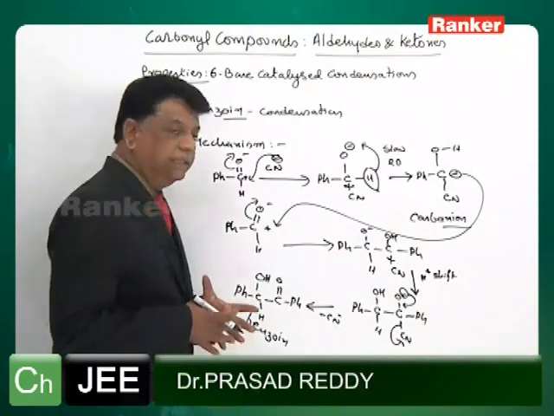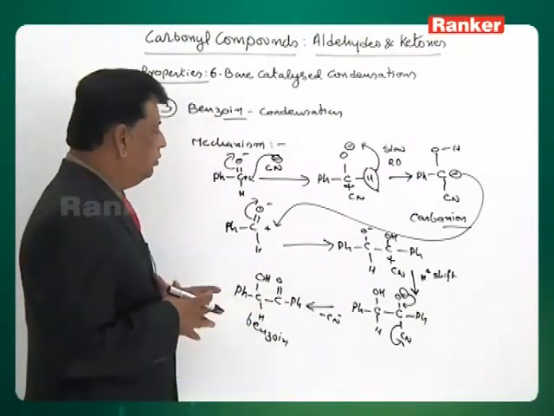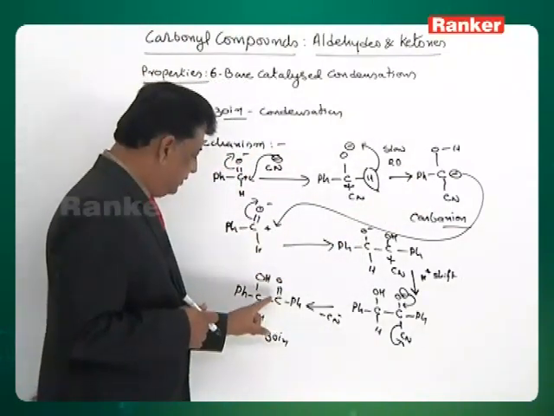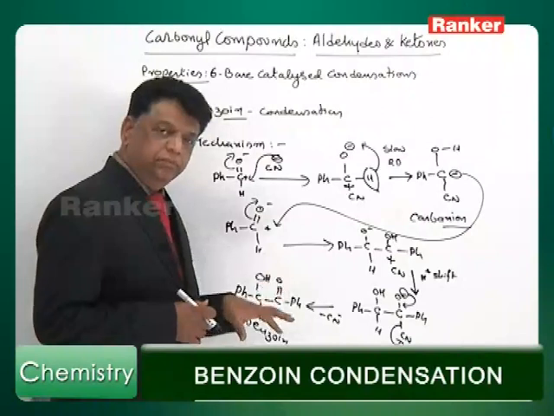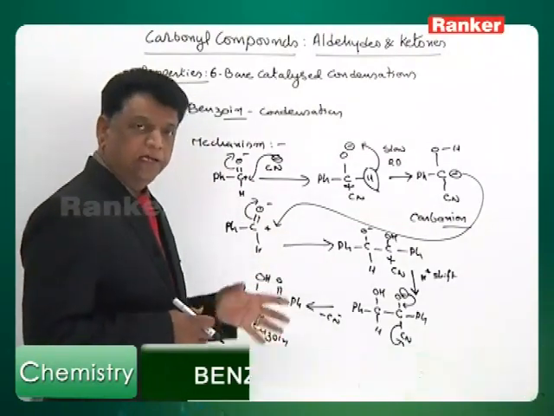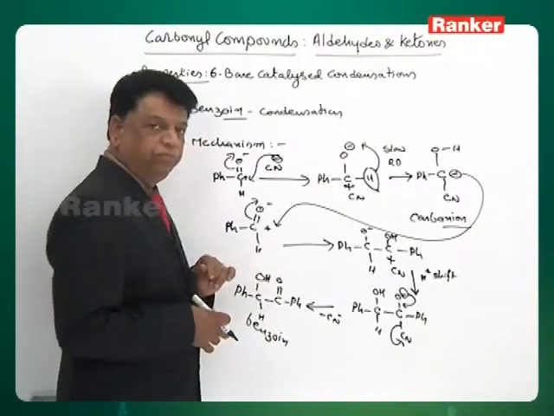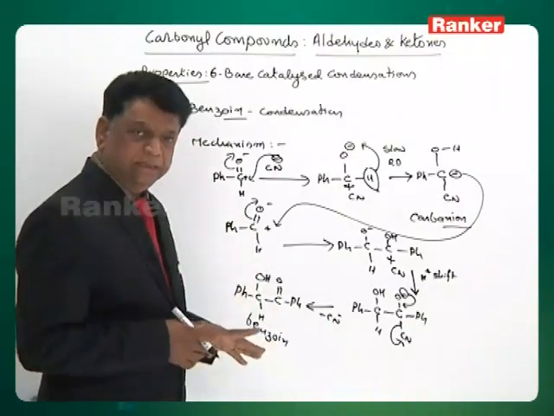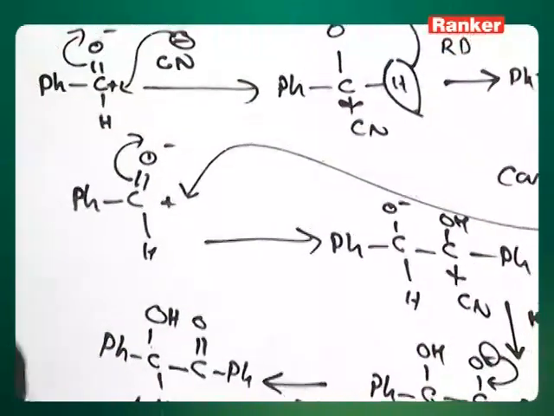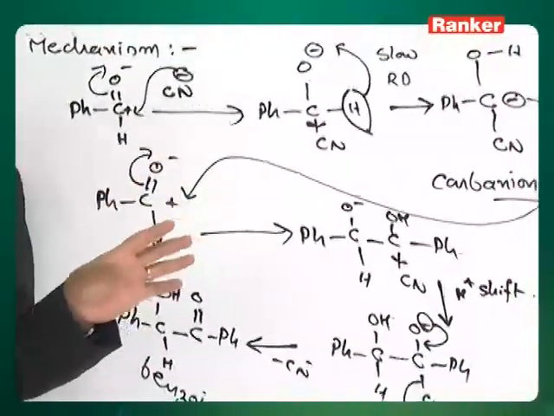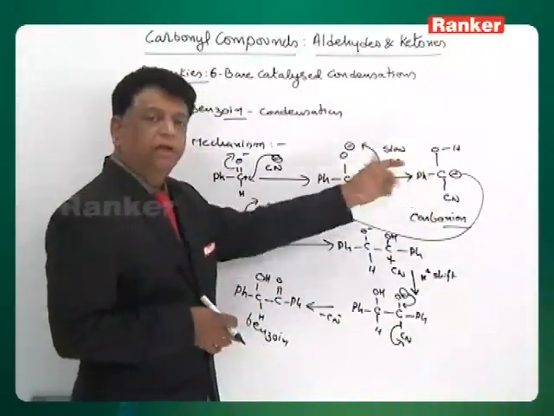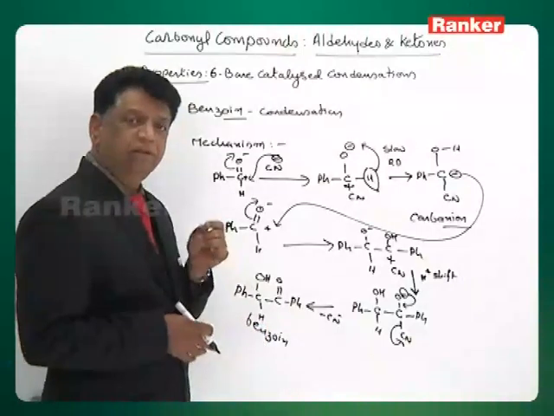So in this there are 2-3 important points to note. One is the minus attacking on the plus will develop this CC bond. So in this whole mechanism, this point, carbanion attacking on the carbocation, is there in aldol condensation, which will be there in the Perkin condensation coming next, and so many aldol condensation-type reactions, this carbanion attacking on the carbocation will be there.